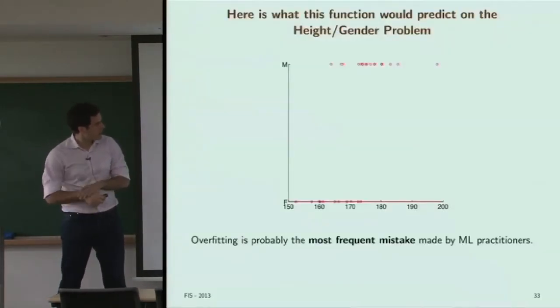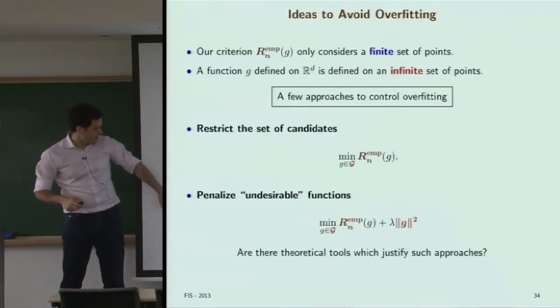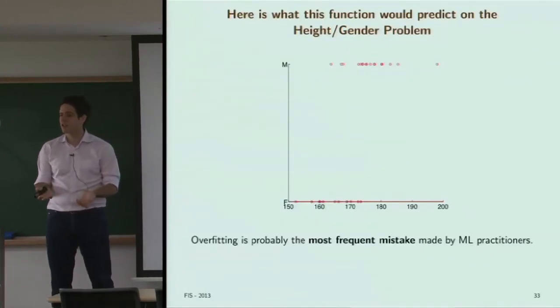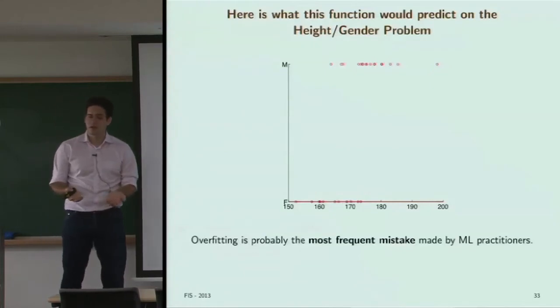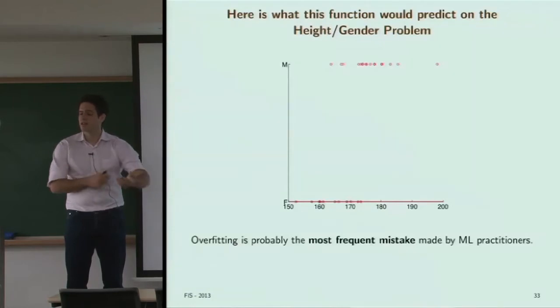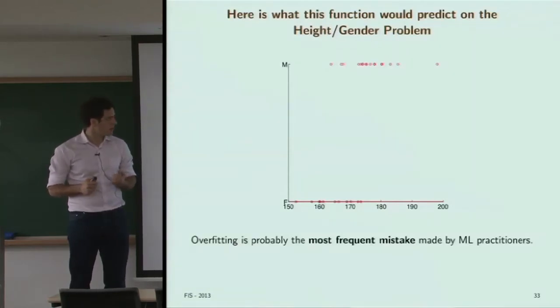So here, just with this very simple example, I've shown that minimizing the empirical risk and doing only so is not a good idea. It's not enough. Because you can very easily fall into traps, and that's something we really want to avoid.